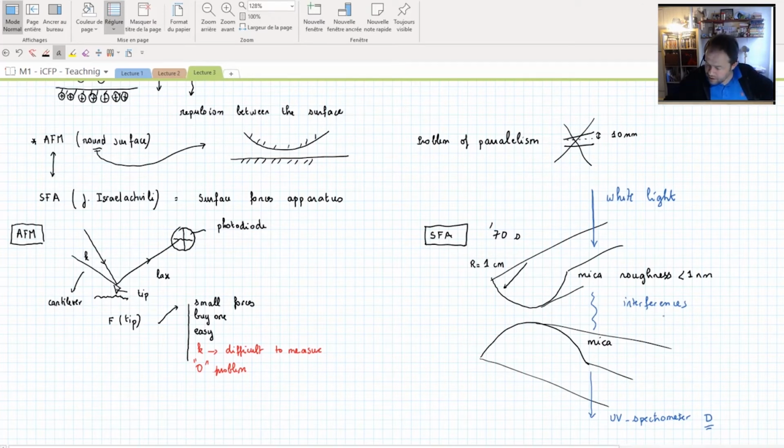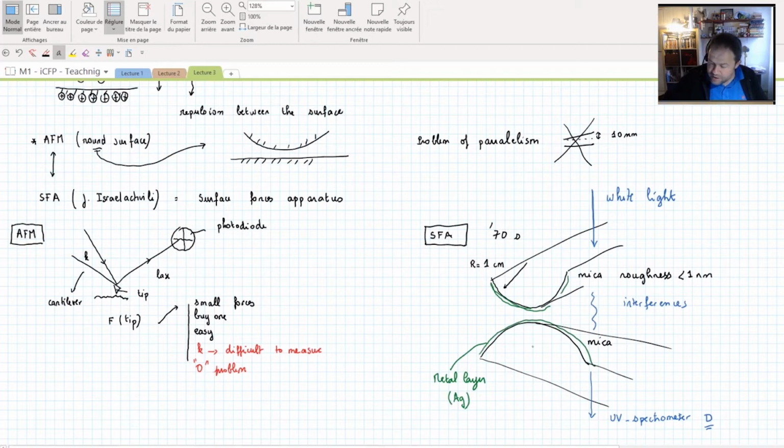If you want to have nice interferences, what you need to do is to change the setup a little bit. You have to put a metallized layer on the top, usually silver. Why do you do that?